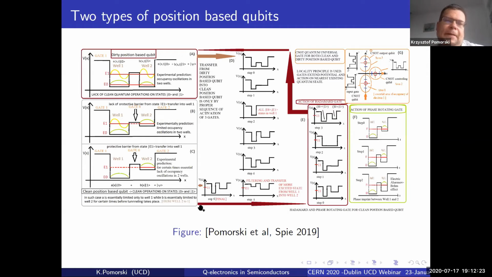So basically, there is a chain of transformations of a potential that can bring that about. Here the information was encoded in a position-based qubit, and then it's transferred into an eigenenergy-based qubit. So essentially, this electron will populate the ground state, the localized state, and also this excited state.